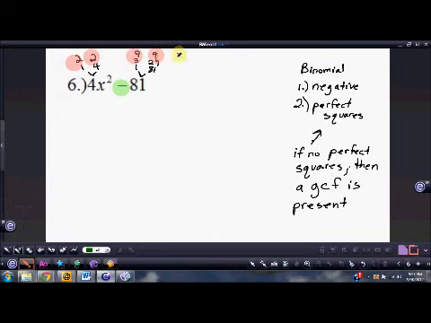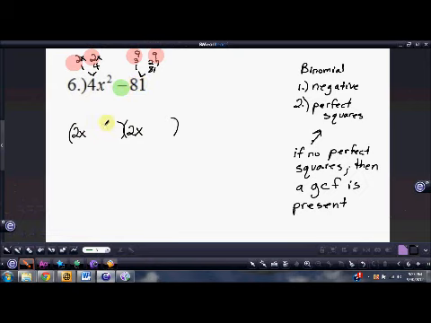Now, that's actually all that we need to know to solve the question. I can go straight into my parentheses. X squared is x and x, which means this is 2x, 2x. Sign is negative. That means I'm looking at different signs. Okay? And 9 and 9 from these perfect squares.